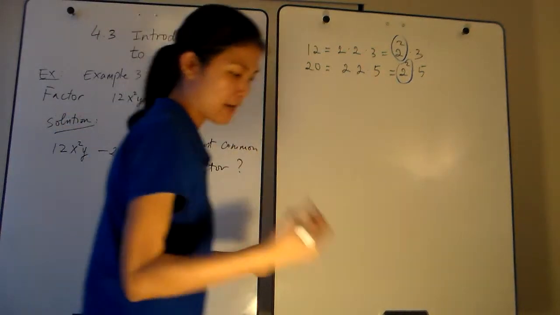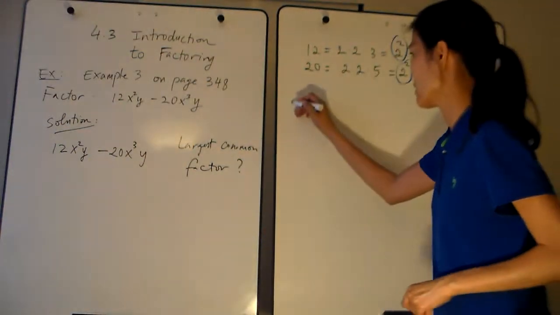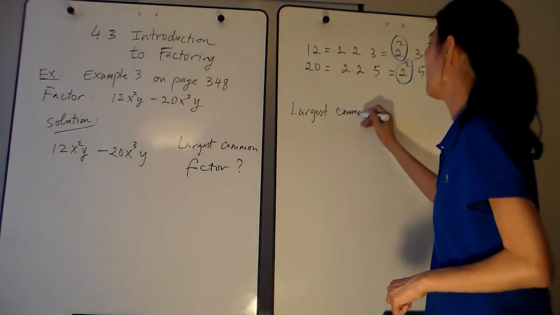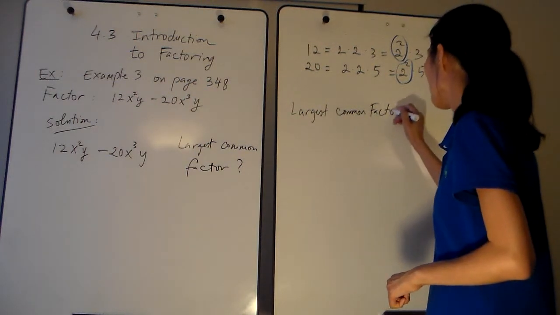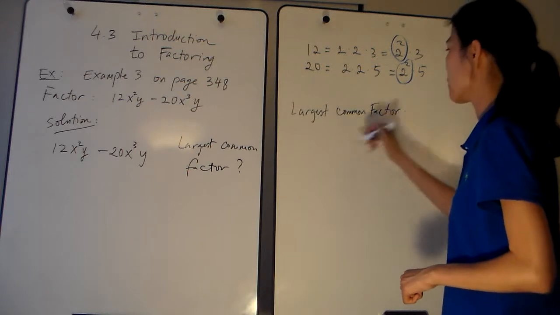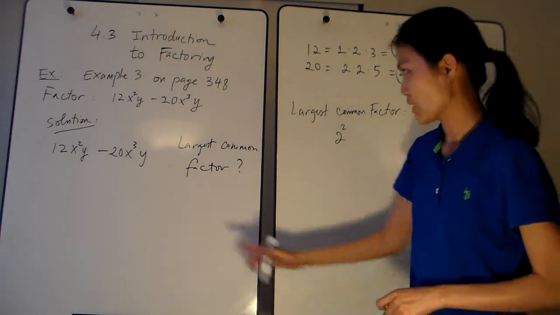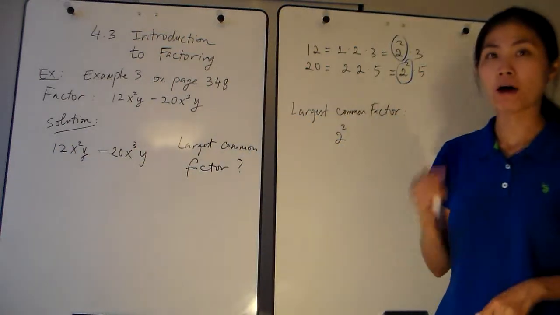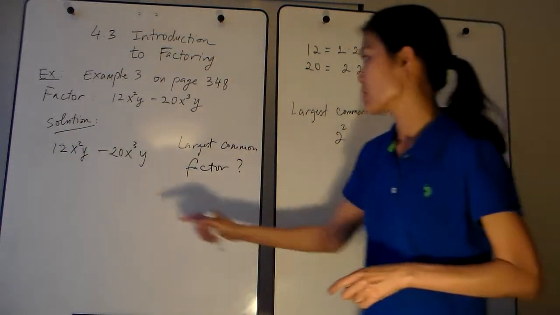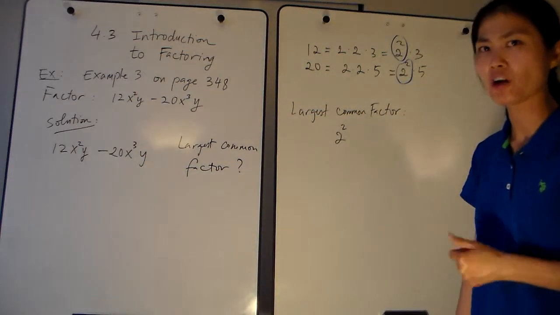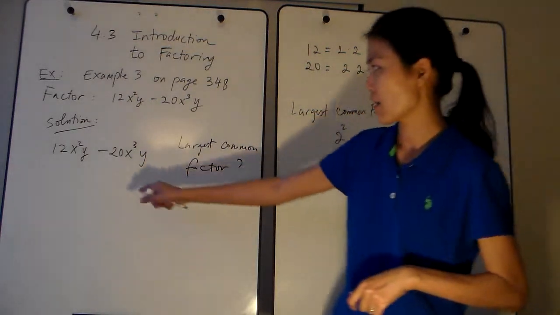Now I am building the largest common factor, so let's have it here first. So far, we found the constant term 2 squared, that's for the coefficient. We need to find it for x and y as well. This is x squared, this is x to the third. So the largest common factor is x squared.